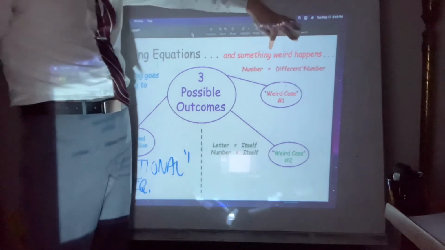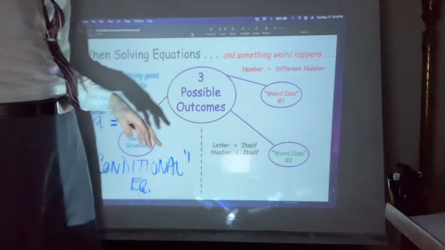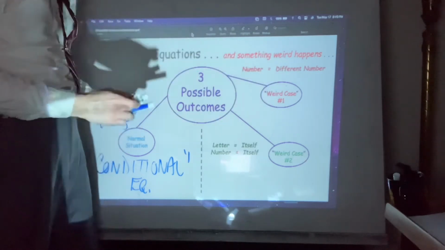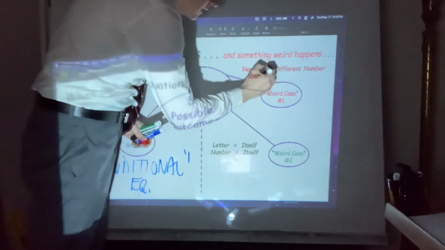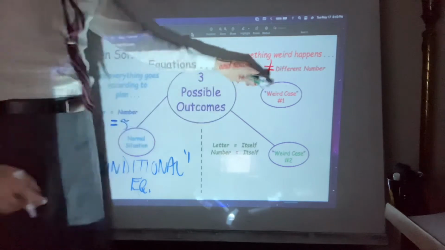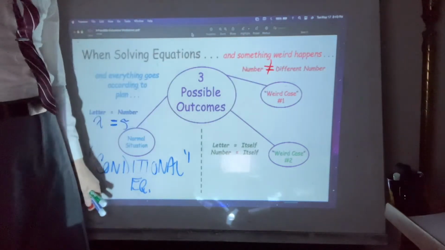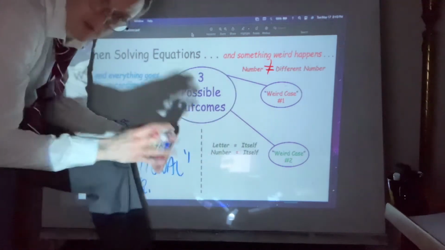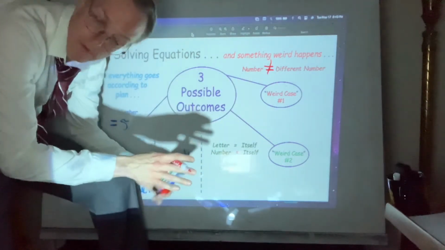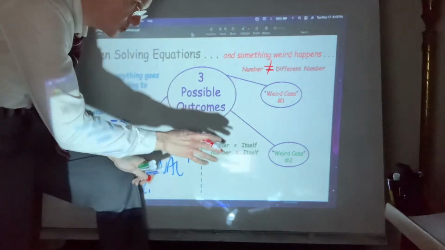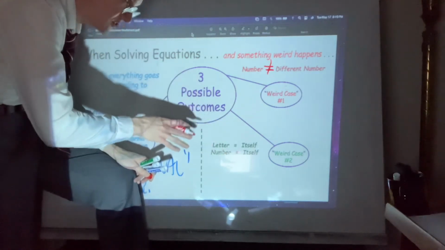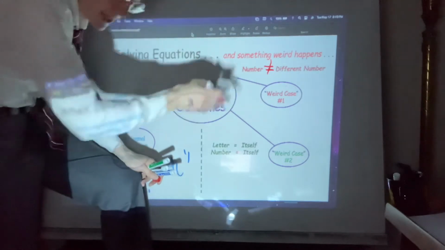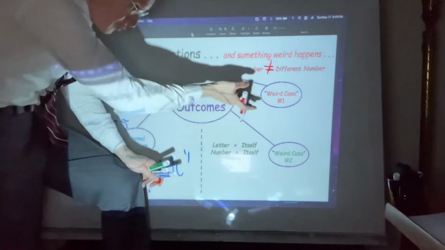The first, and this is the more upsetting, is you get a number equals a totally different number, which is just absolutely not true, and it should have a not equals slash, no smoking slash through it, all right? This can happen even if you've done everything right. Even if all of your arithmetic is good, even if all of your algebra is flawless. There are some problems that produce that result, when you're checking for extraneous solutions, for example, right?